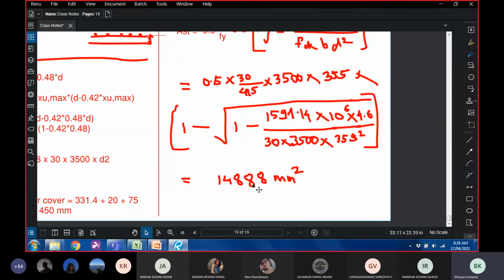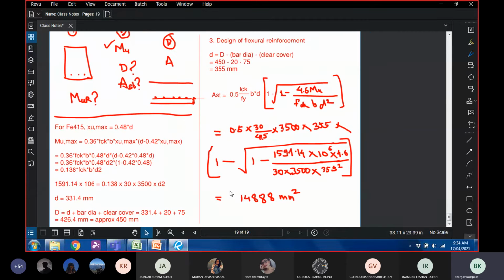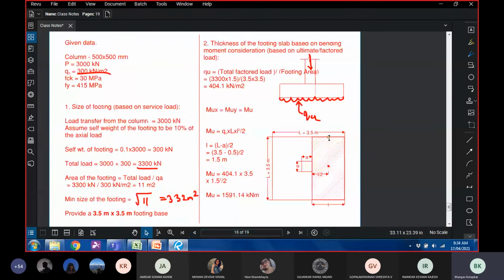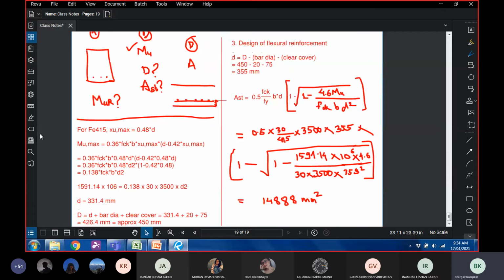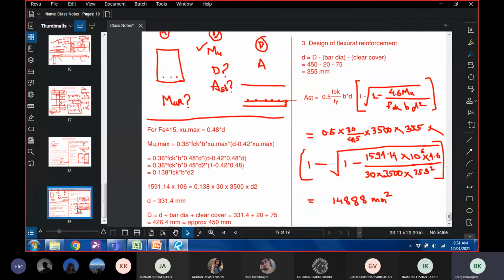So we have to provide 14,888 mm squared of reinforcement along the entire width. That is what it means. Before we actually provide this, there's something that we should check.